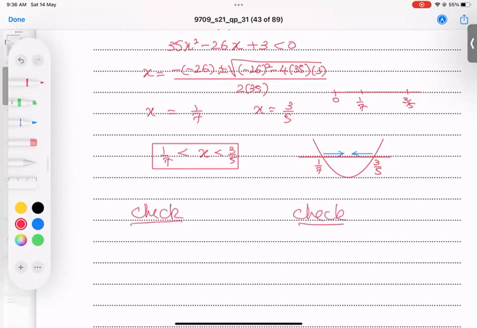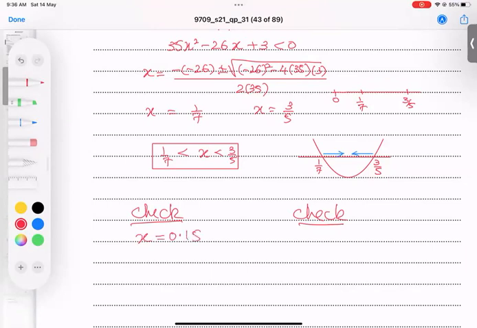Take any number bigger than this number. 1/7 is approximately 0.14. So just take any number bigger than that, because I'm going to the right hand side. So take any number, let's say 0.15.